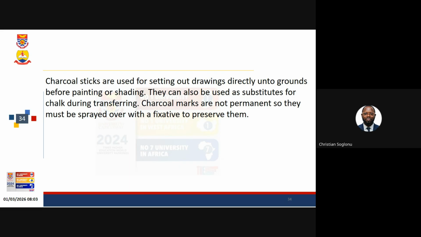So you can see that it says that charcoal sticks are used for setting out drawings directly onto grounds before painting or shading is done.